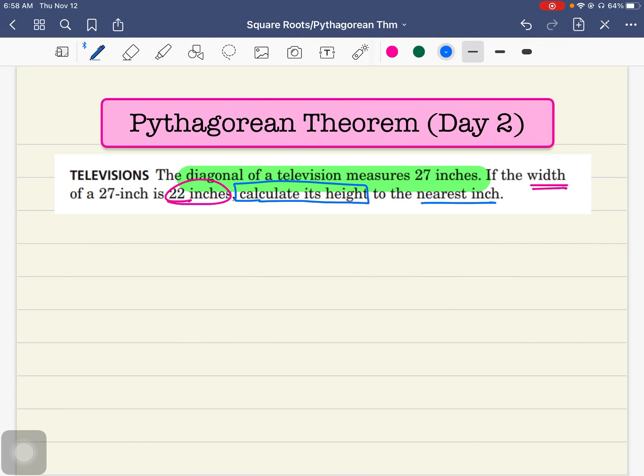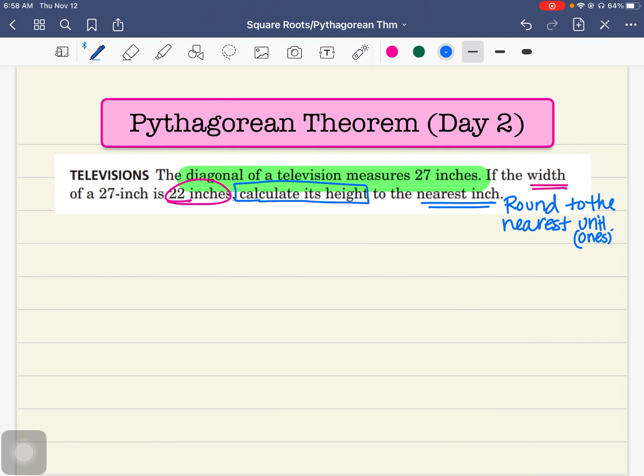When they say to the nearest inch, that means round your answer to the nearest ones place, or unit place.